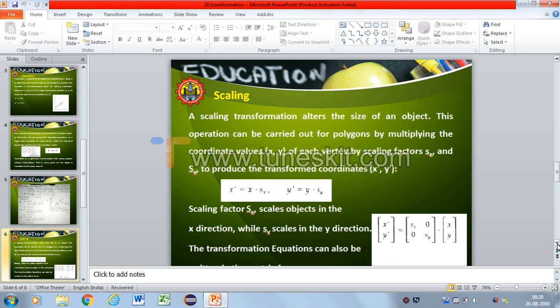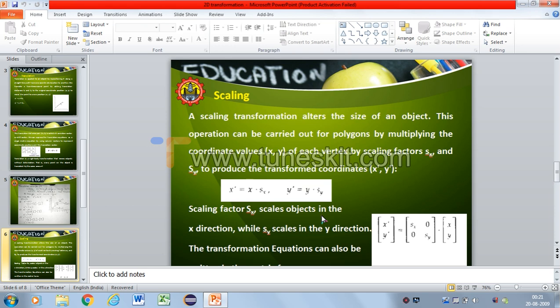Class, in translation you apply translation distances, that is Tx and Ty. In scaling transformations you apply scaling factors, that is SF, Sx and Sy. Sx scales the object in the x direction, and Sy scales the object in the y direction.